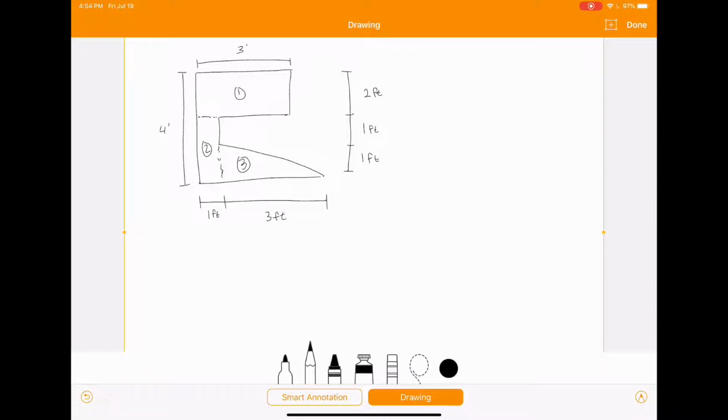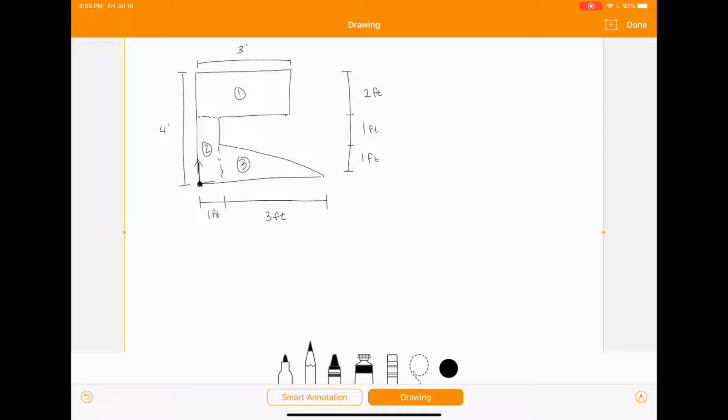Now the next thing you're going to want to do is identify a datum, and this is where you're going to be taking all of your X bar, X tilde measurements from. I like to use the lower bottom left corner of an object because that makes it really easy.